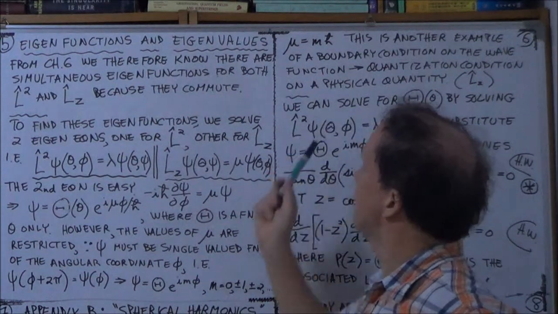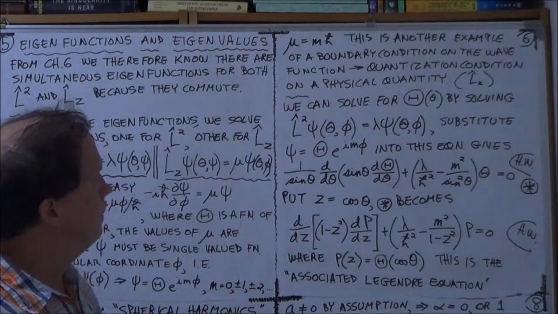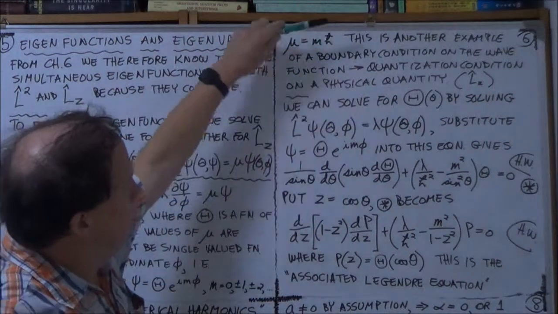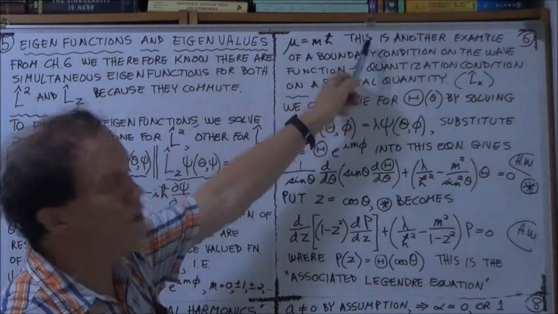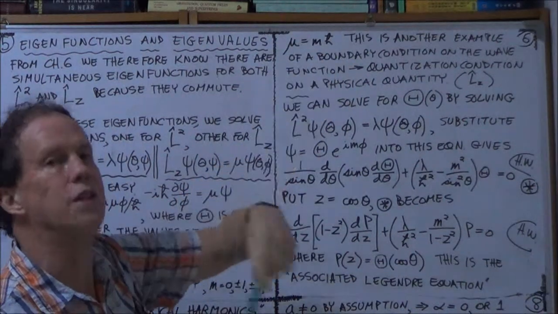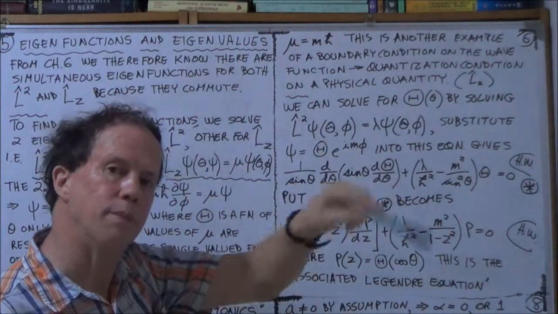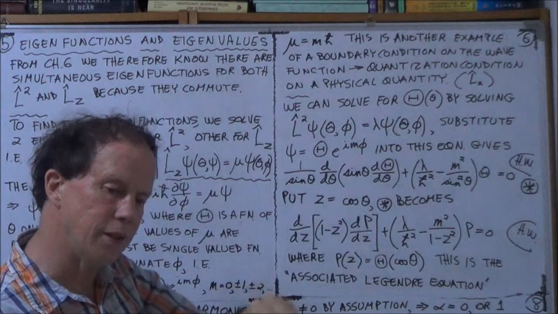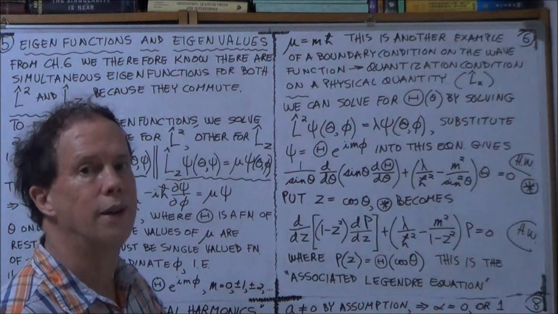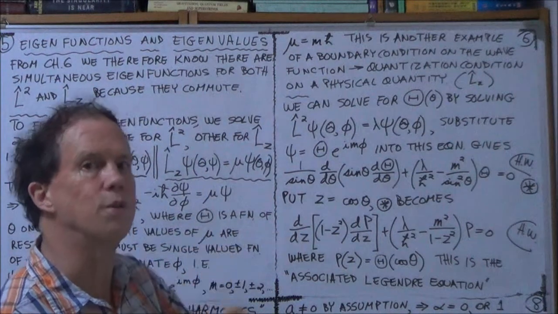So this is yet another example of imposing boundary conditions, these constraints on the wave function, such as that the value is single valued. Every time you rotate your system by 2 pi radians, a full rotation, you should get back to the same values you started with.